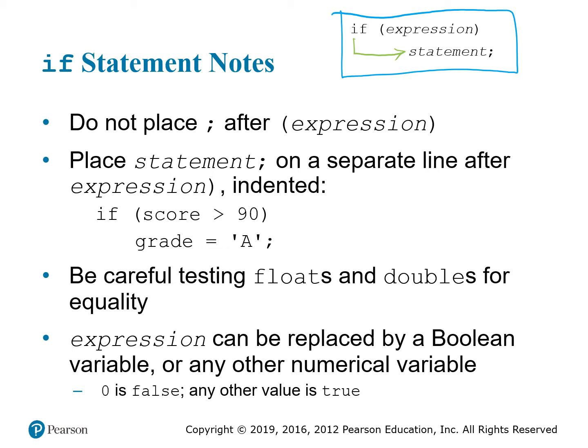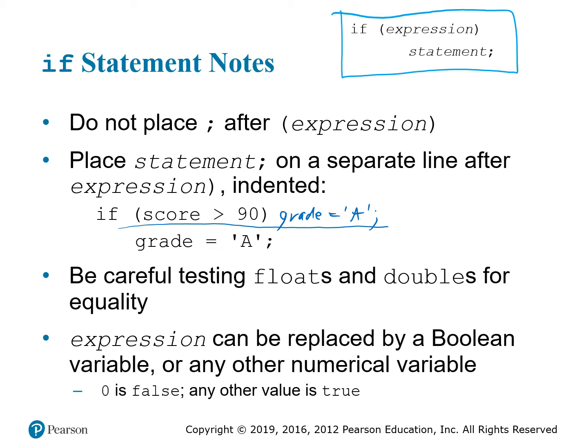So the indentation is not necessary in C++. It just makes it look nicer. It makes it readable. I probably shouldn't tell you this for style reasons, but it's actually legal to say if score greater than 90, grade equals A semicolon, all on one line. And that's legal C++. That would compile, it would run, it would do everything it needs to do.